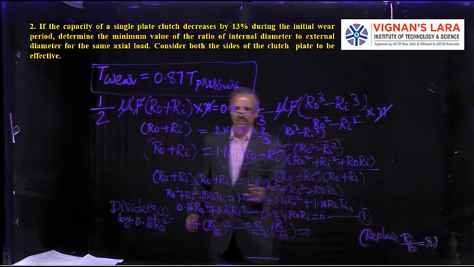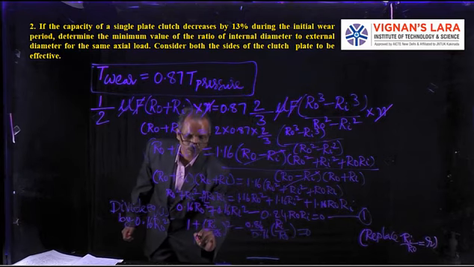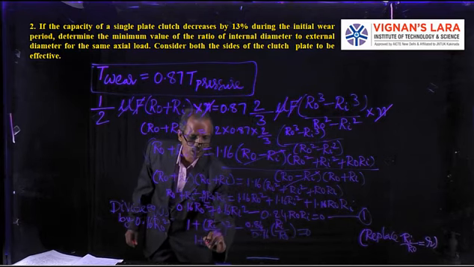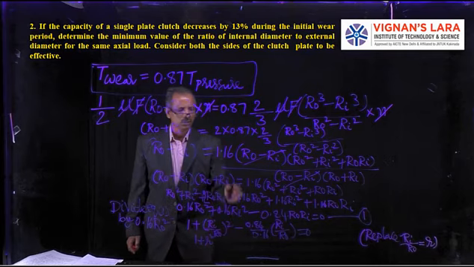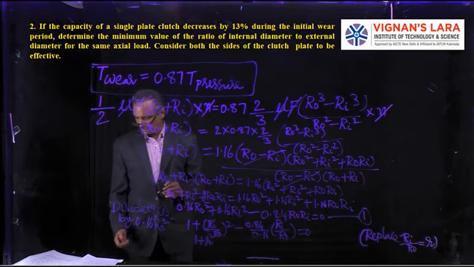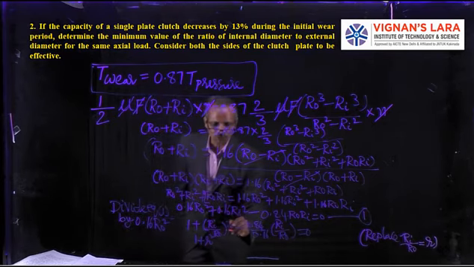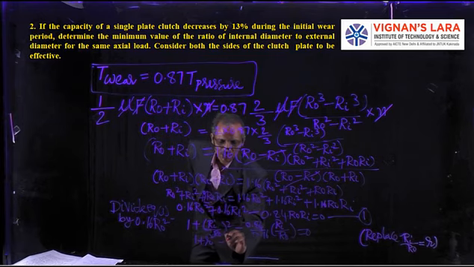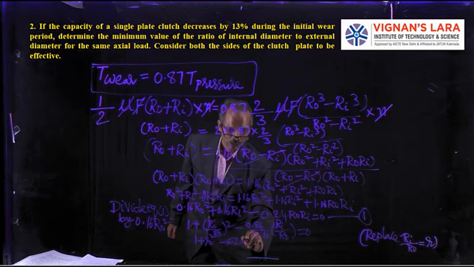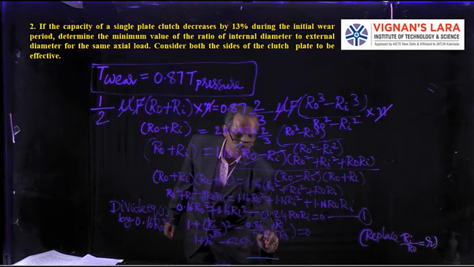Then it becomes 1 plus r square. So what is 0.84 by 0.16? That is 5.25. So 5.25 r is equal to 0.